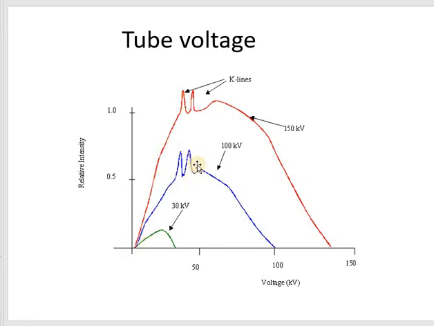Because the binding energy is more than 40, if you apply kV less than 40, you would not be able to see the characteristic peak. But we are going to have a look at this in the second topic, where we are going to see what affects the different spectrum of X-ray.